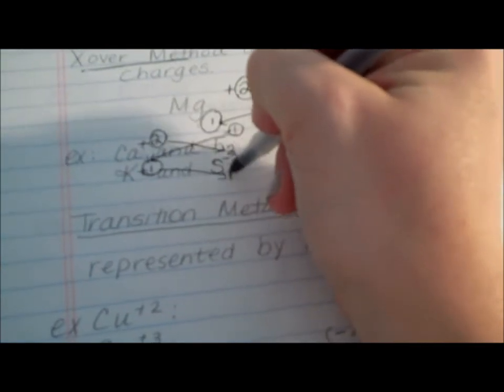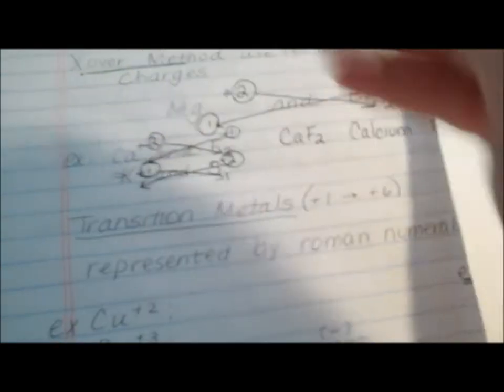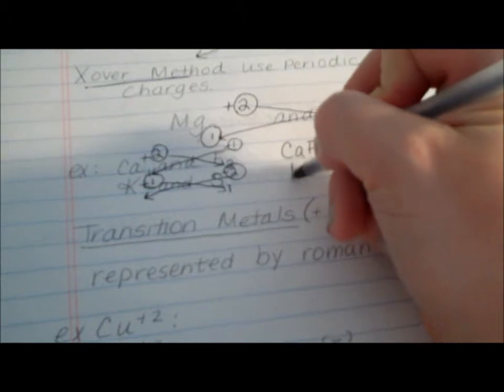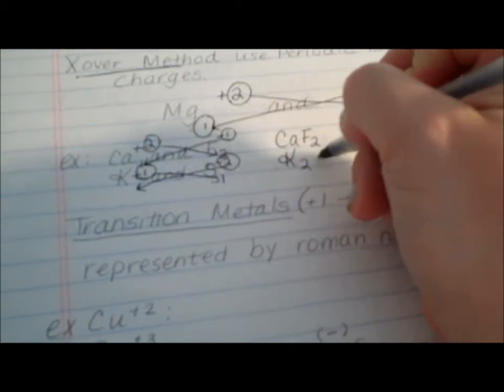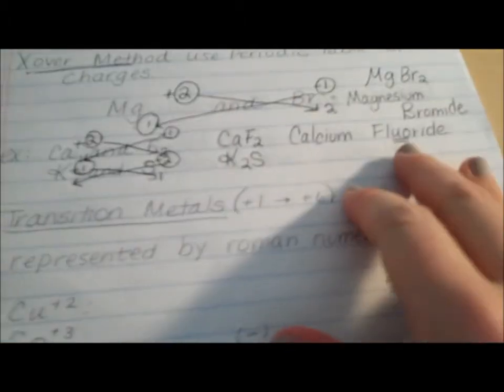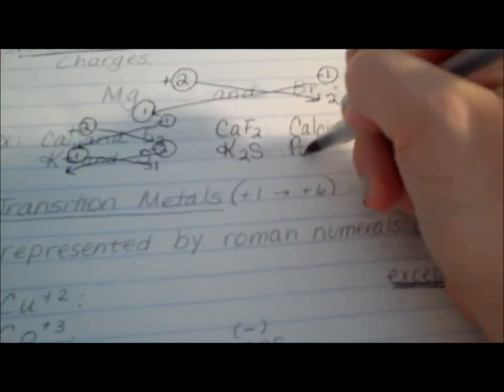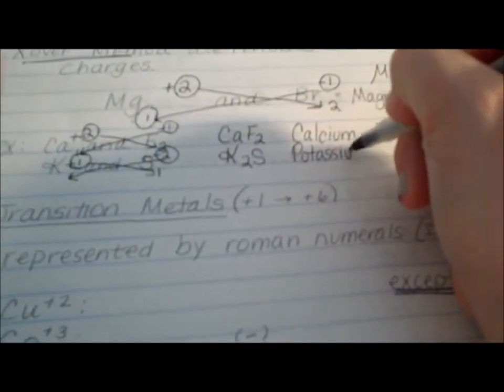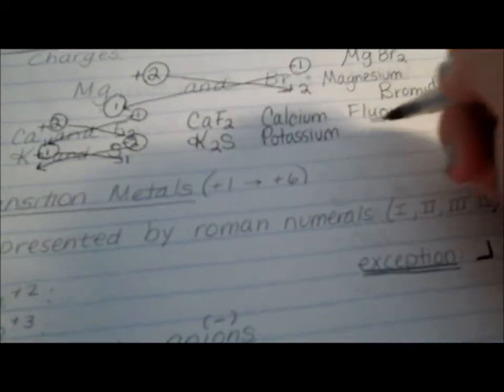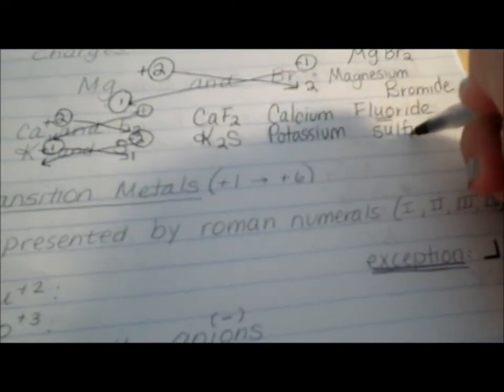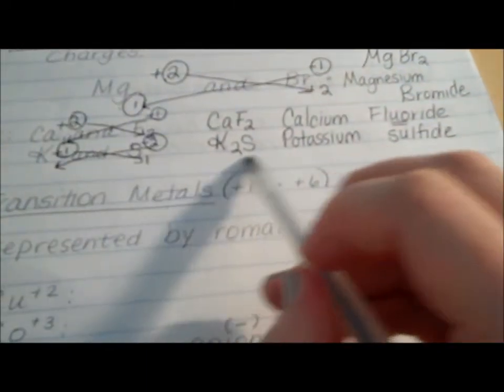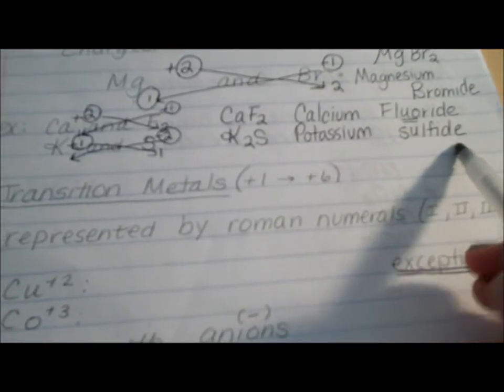So 1 goes to the S, 2 goes to the K, and then we're going to have K2S. So K's name is potassium, and we're going to have sulfur become sulfide. So this formula is potassium sulfide.